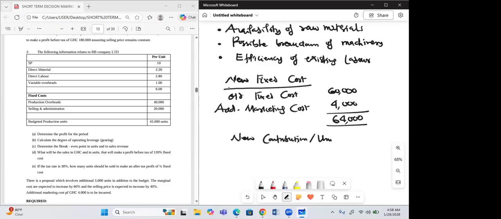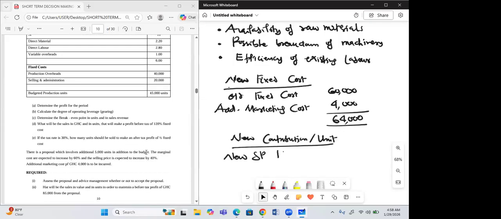We have a new selling price, 140% of 10. 140% of 10 became 14 cedis. Remember, they said it will increase by 40%.